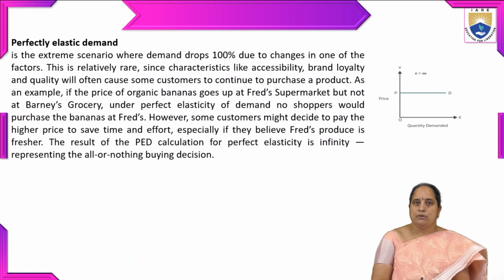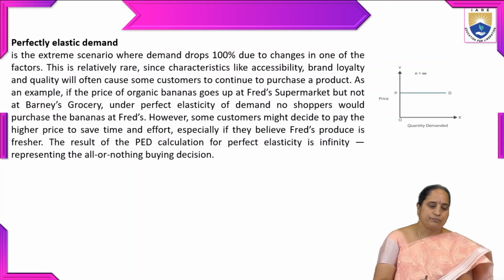As an example, the price of organic bananas goes up at Fred's supermarket but not at Barney's grocery. With perfect elasticity of demand, no shoppers would purchase the bananas at Fred's. However, some customers might decide to pay the higher price to save time and effort, especially if they believe Fred's produce is fresh.